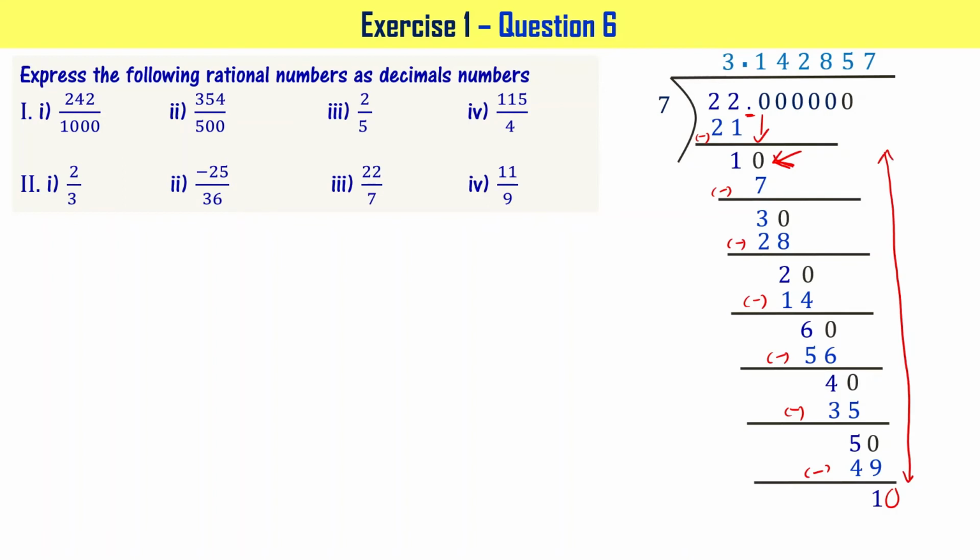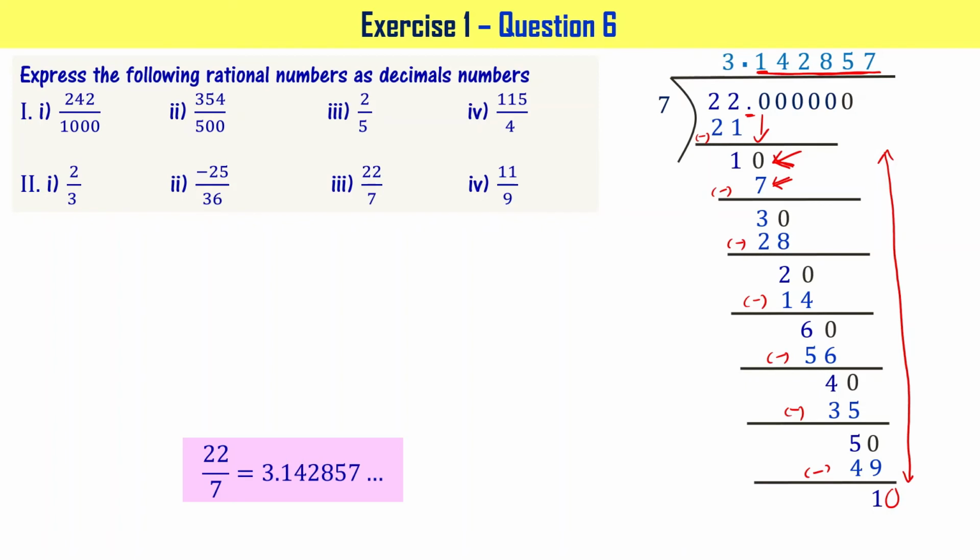I'm stopping here and writing 22 by 7 as 3.142857 and so on. From here onwards, it is going to repeat, right? That is when we had 1 times 7 is 7. That's when the repeat process started. That's why all these digits are going to repeat forever, right?